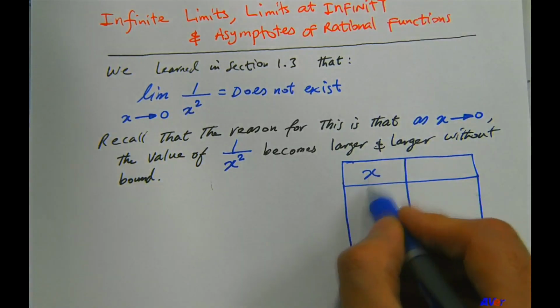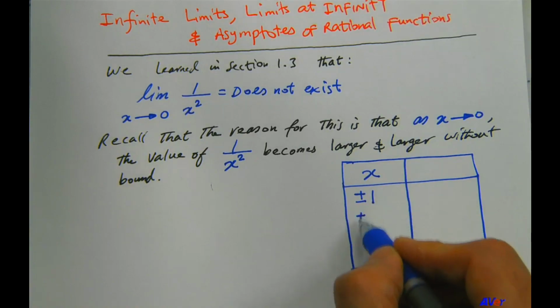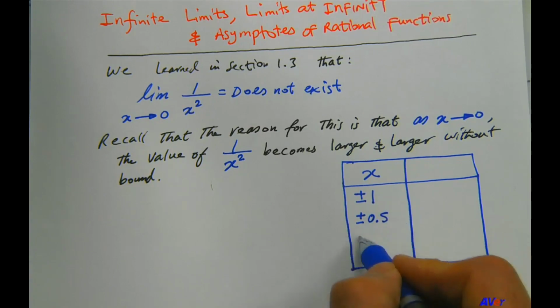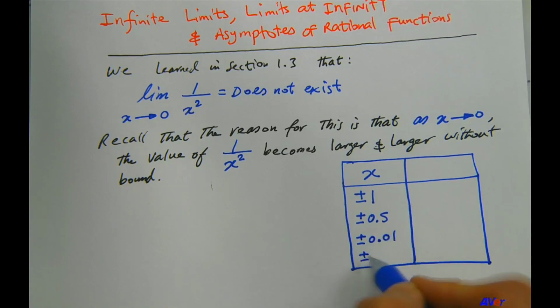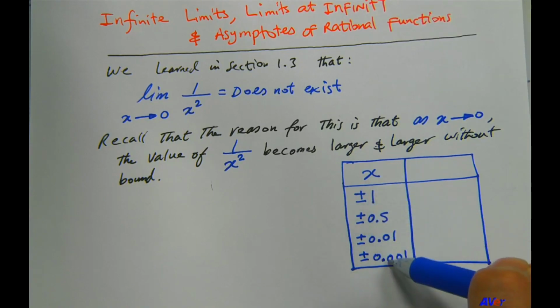We had x, so plus or minus 1, and let's make these increasingly closer and closer to 0. I'm just going to pick a few more like that, and finally 0.001. So you can see the x values are getting closer and closer to 0.